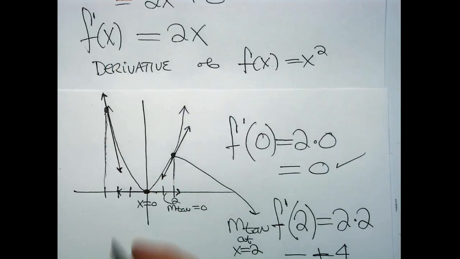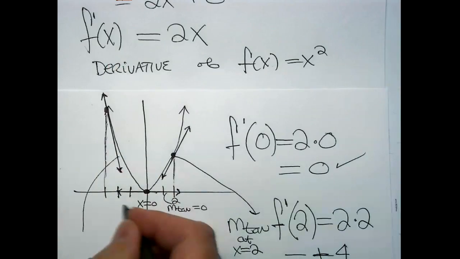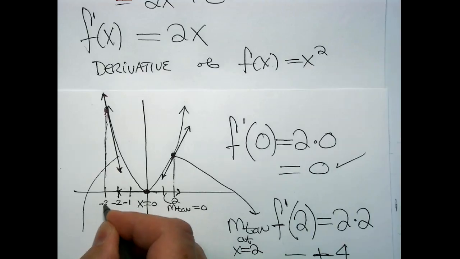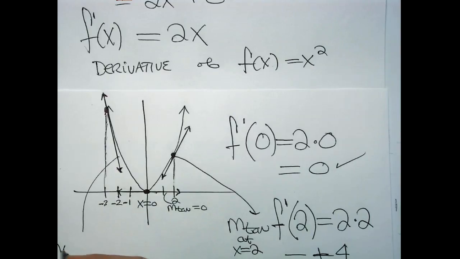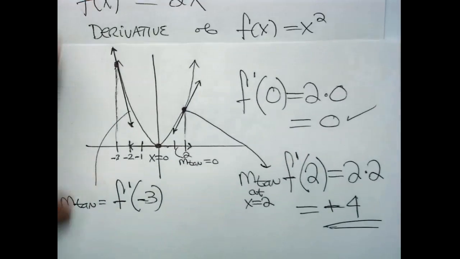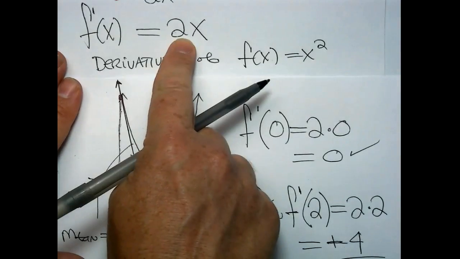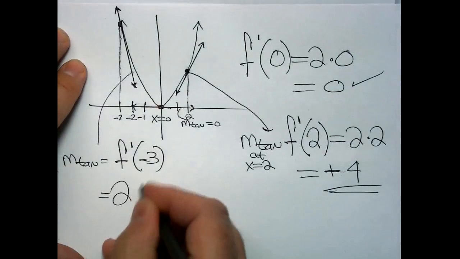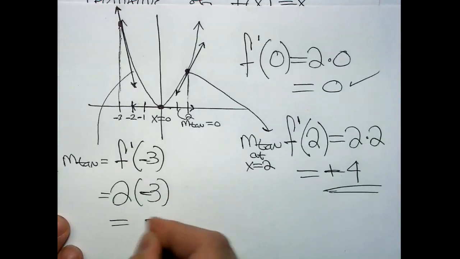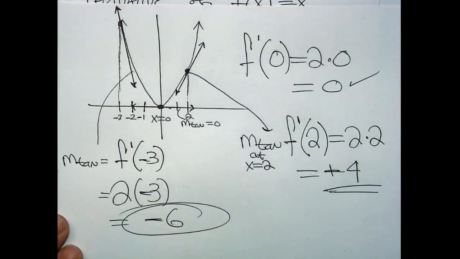It's a fairly steep slope. Where are we? -1, -2, -3. So the slope of the tangent line should be f prime evaluated at -3. And let's see if that makes any sense. F prime, remember, is our function. It's our derivative now. It's 2x. And the slope comes out to be -6. So it does make sense.